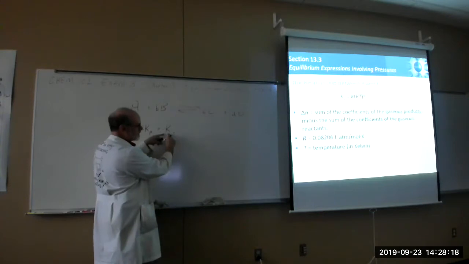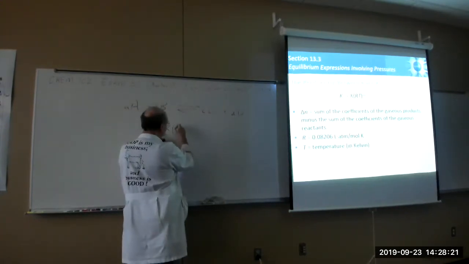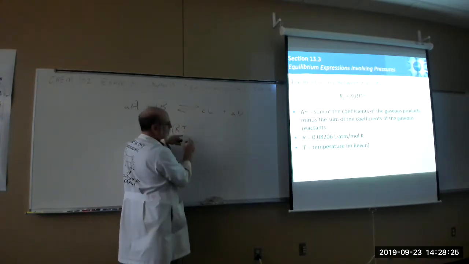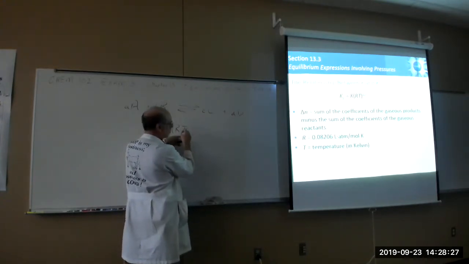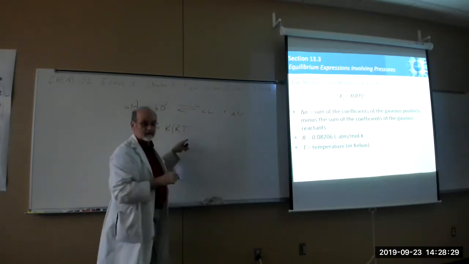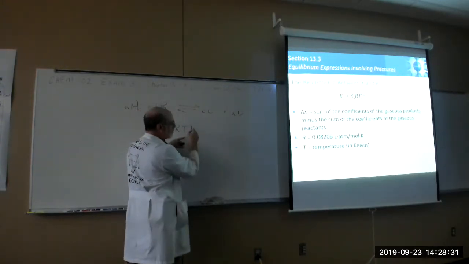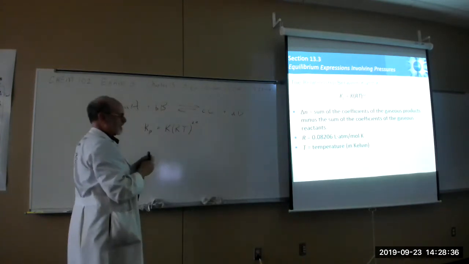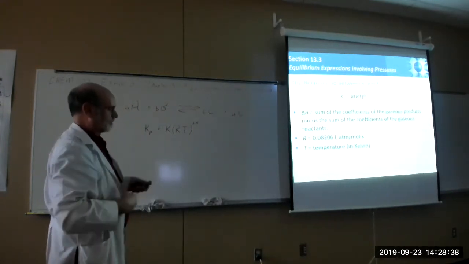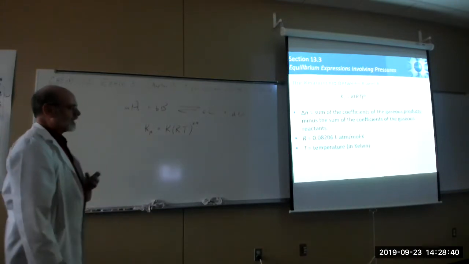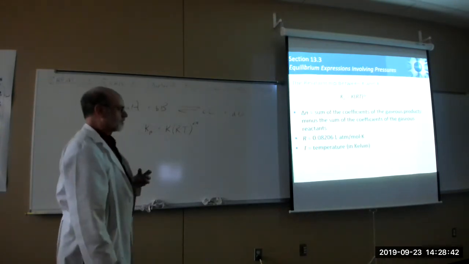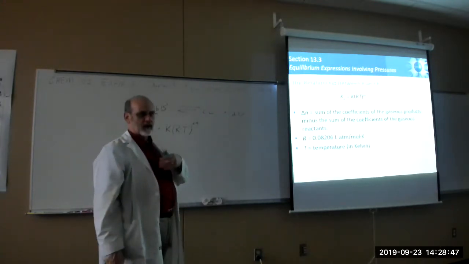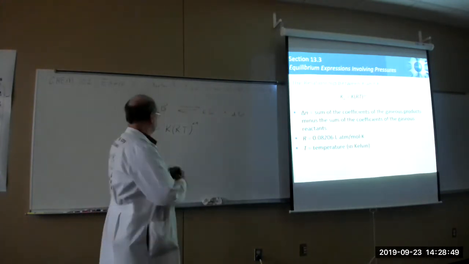This is using molarity, times the universal gas constant times the temperature in Kelvin. And all of this to the power of delta N. So the question is, what do we mean by delta N? Delta N is the sum of the coefficients of the gaseous product minus the sum of the coefficients of the gaseous reactants.